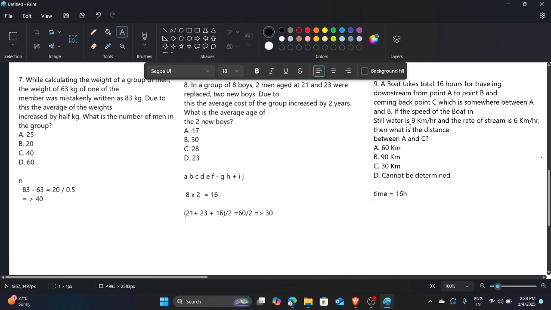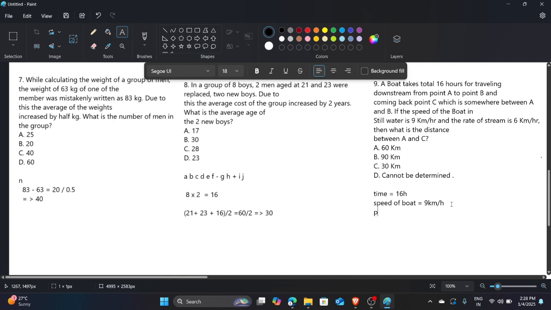The speed of the boat is 9 km per hour in still water.